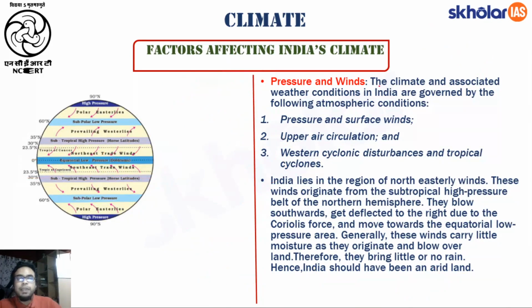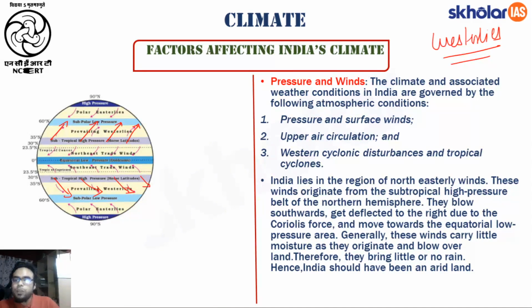Understood this? Then the next winds that we have are the westerlies. Now where are these westerlies? Westerlies are the winds which are blowing from the subtropical high pressure towards the subpolar low pressure. Again, in the northern hemisphere, if you notice, it is getting deflected to the right, and here it will get deflected to the left, right?